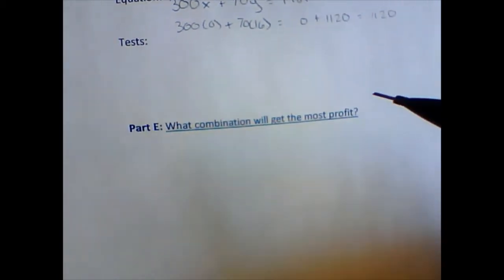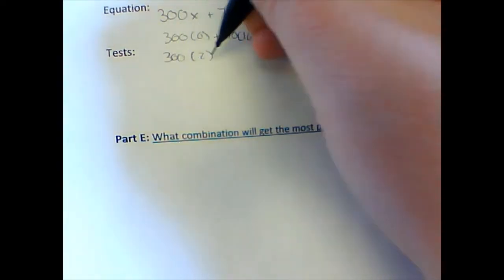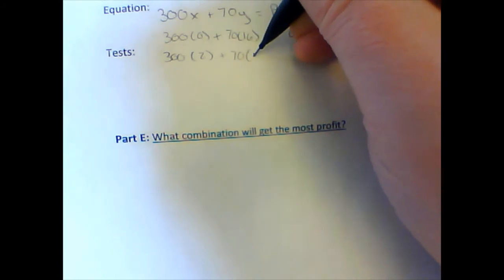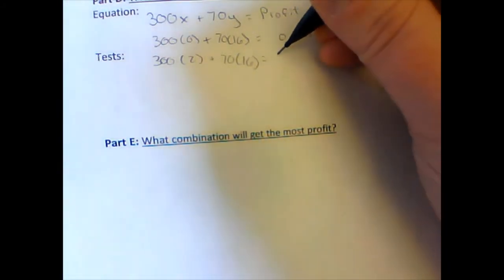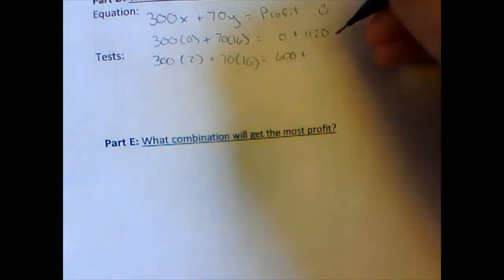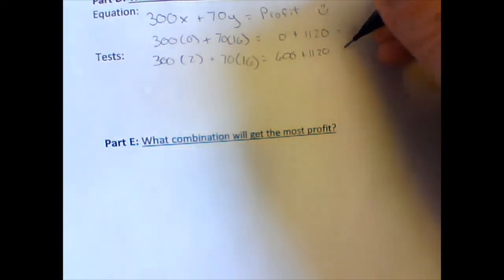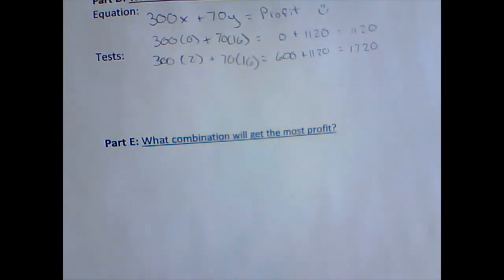And this one, I'm pretty sure is going to be bigger because we have 16 into that y spot again, but now we have something contributing from the x spot. So this one's going to be up a little bit. We have 600 from that 300 times 2. And then we have that 1,120 repeating itself. And then we're going to add on, and now we've got more money. We like this vertex better, more of a profit.